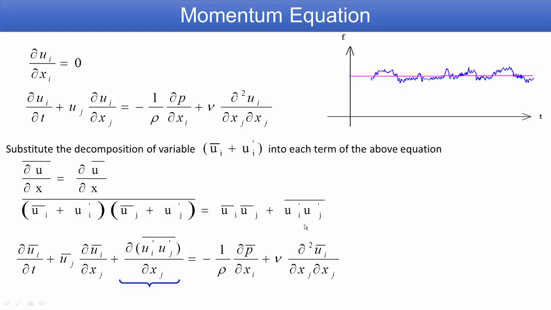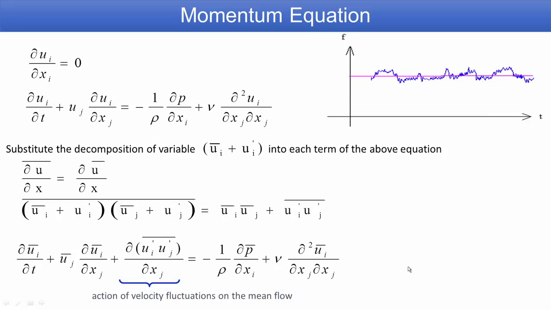If you substitute this term for the convection term, you can apply similar steps for each term separately, separately for the derivative, separately for pressure, separately for the diffusion term, and finally, you get an equation as shown here.